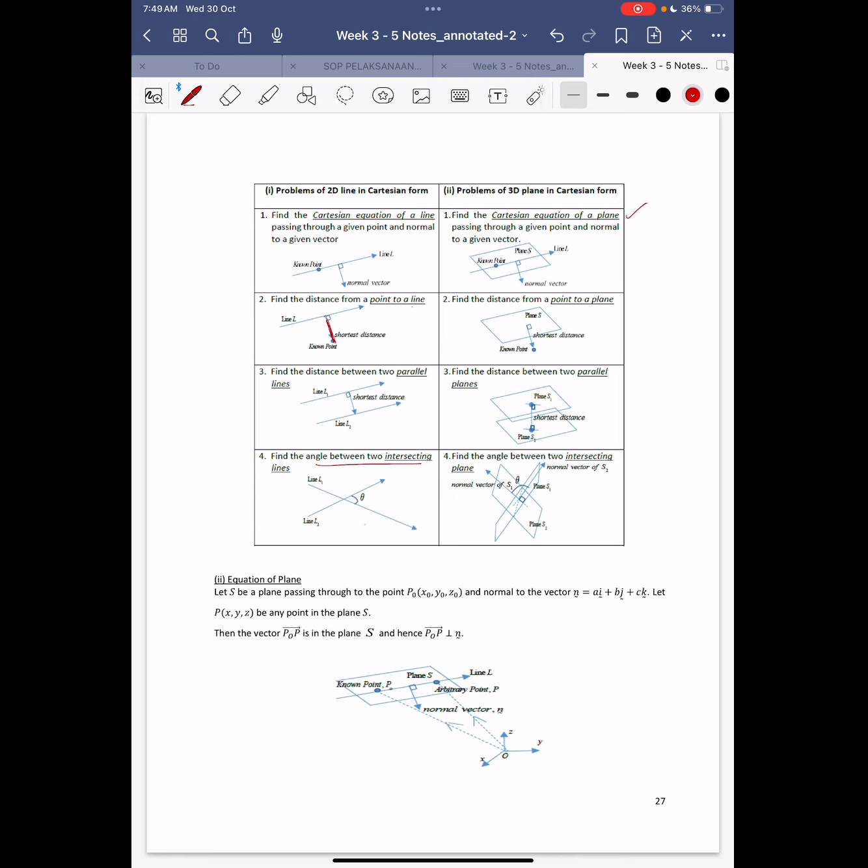Just now what we did is a line with a normal vector. Now it's a plane because it's 3D. And we can also find the distance between a point and a plane, between two parallel planes, and also between two intersecting planes.